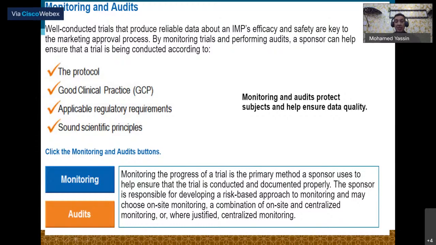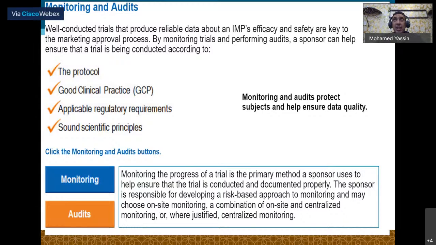Monitoring the progress of the trial is the primary method a sponsor uses to help ensure that the trial is conducted and documented properly. The sponsor is responsible for developing a risk-based approach. So apart from these long definitions, what do monitoring and audit mean and what is the difference between them?